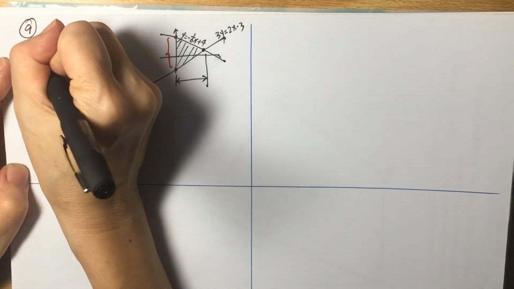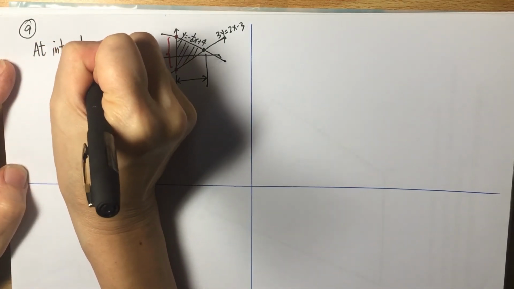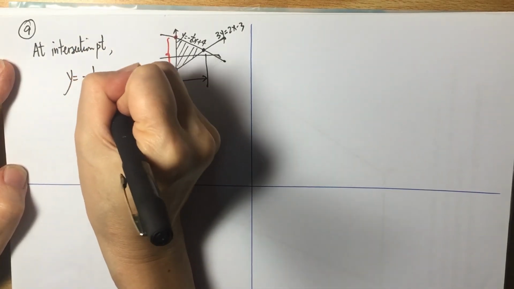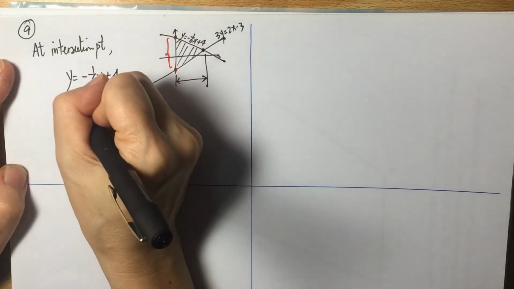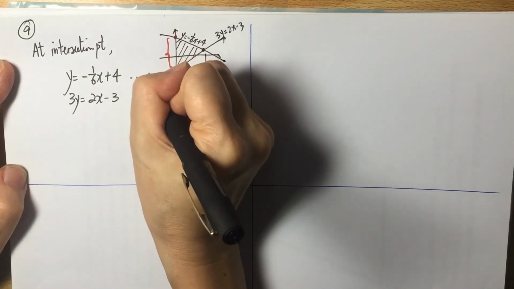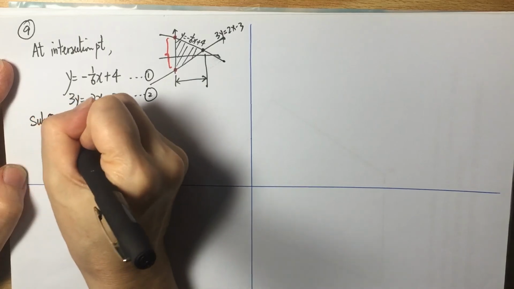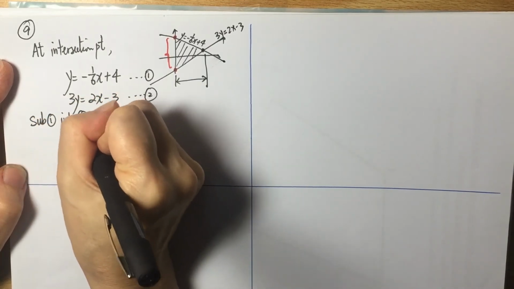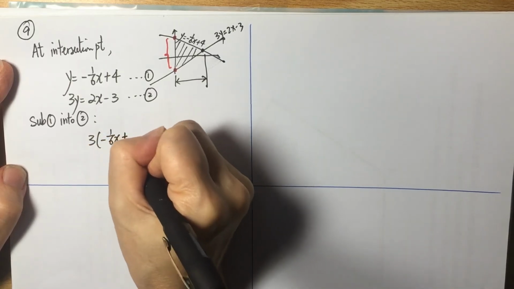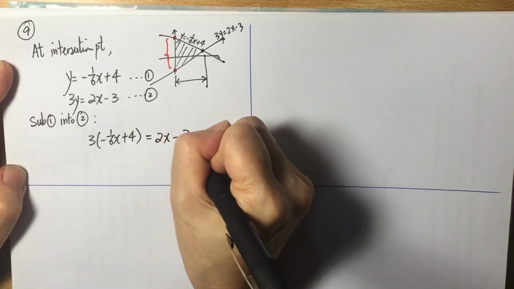Okay, so we first look at the intersection point. At the intersection point, we have y equals negative 1/6 x plus 4, and then we also have 3y equals 2x minus 3. I'm going to substitute equation 1 into equation 2. So I'll have 3 multiplied by (negative 1/6 x plus 4) equals 2x minus 3.